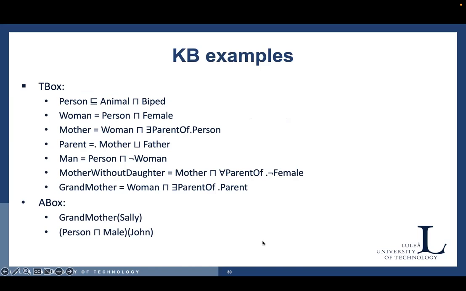And now we can turn this XML description into a more logically digestible form, where axioms will look like this. So we have animal and biped, a subclass of person, or woman is a person and female, etc. We basically can do this kind of transition.